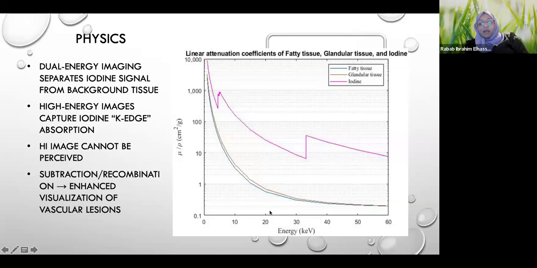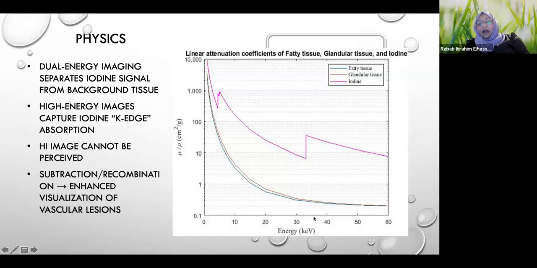The typical mammogram is, I think, between 25 and 27 kVp. This is what we see normally in mammograms. This is the iodine. The K-edge of iodine is higher than that, it's at 33 kVp. So at the values that we normally take the mammogram at, the iodine is virtually not seen.